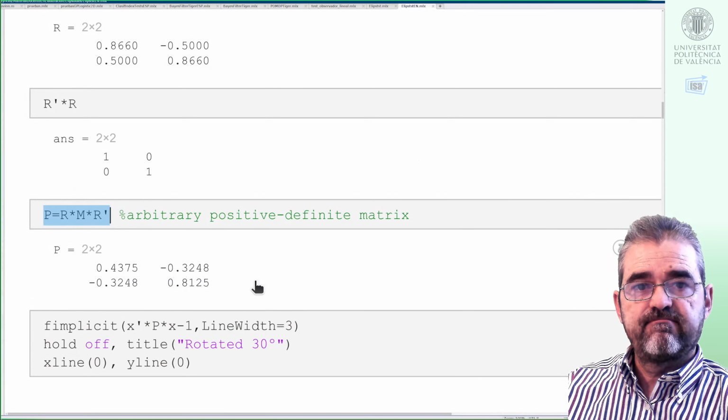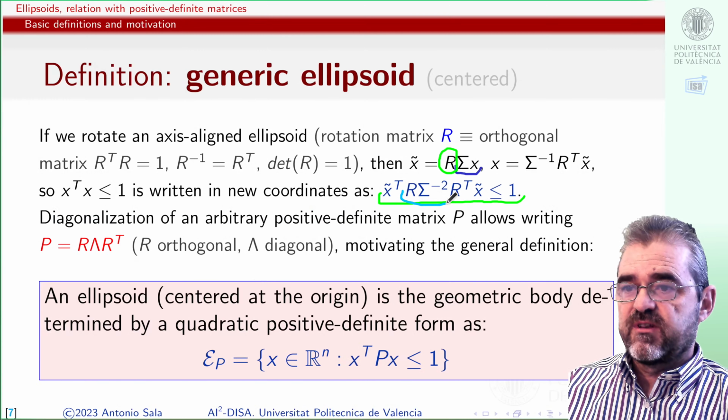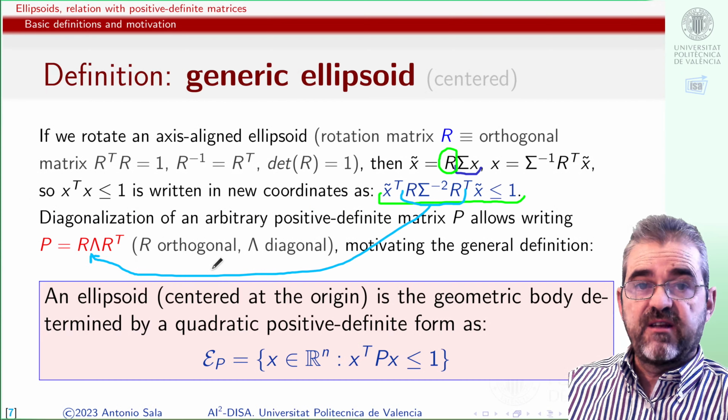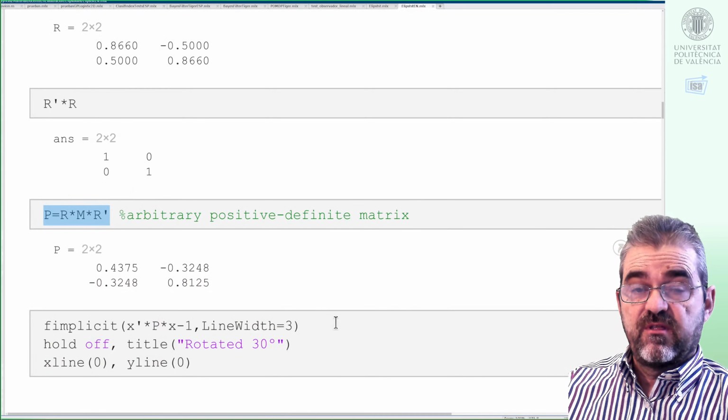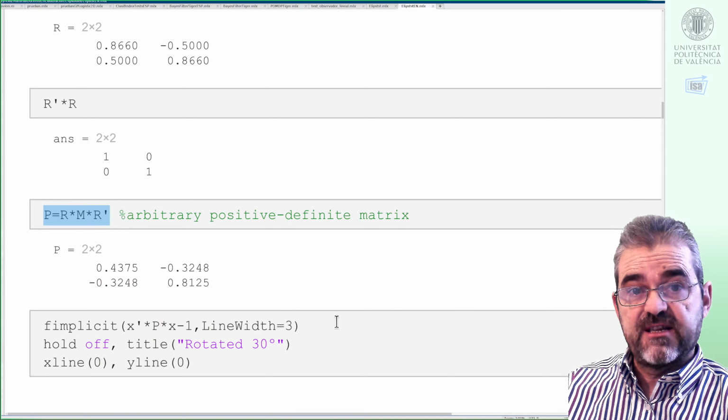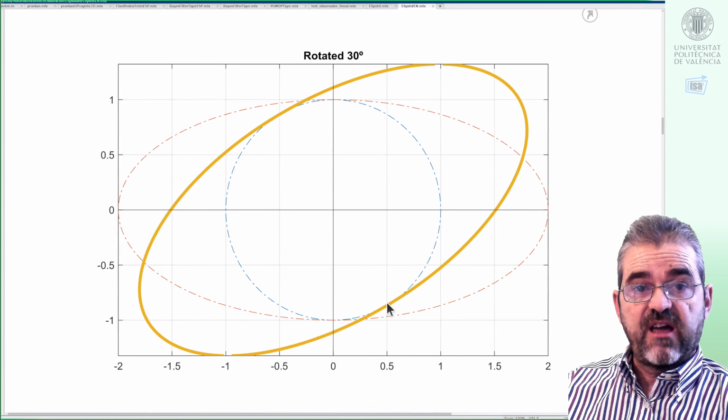Here we have it. So this matrix was defining a new geometric body, which was of course the previous ellipsoid but rotated. And here we have our rotated ellipse.